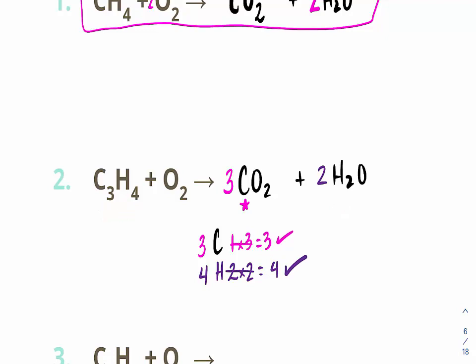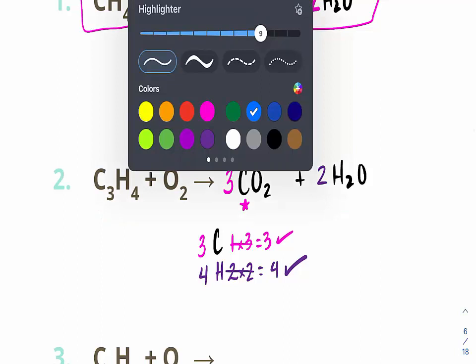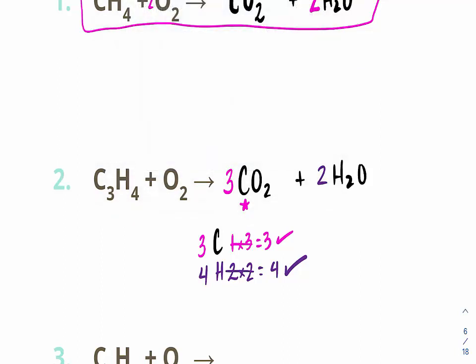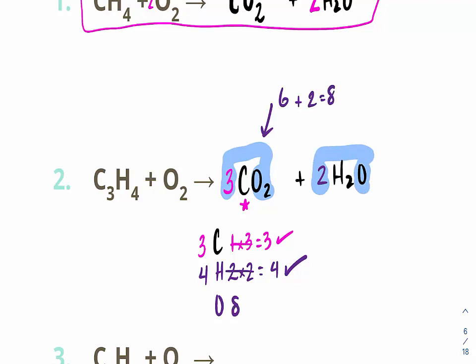All right, finally, my oxygen. Because oxygen shows up in 2 places, I like to highlight it all on my screen here for you. 3 times the oxygen here, that's right there, 6 oxygens, plus a couple more over here, 2 more oxygens. So that's 8 oxygens.